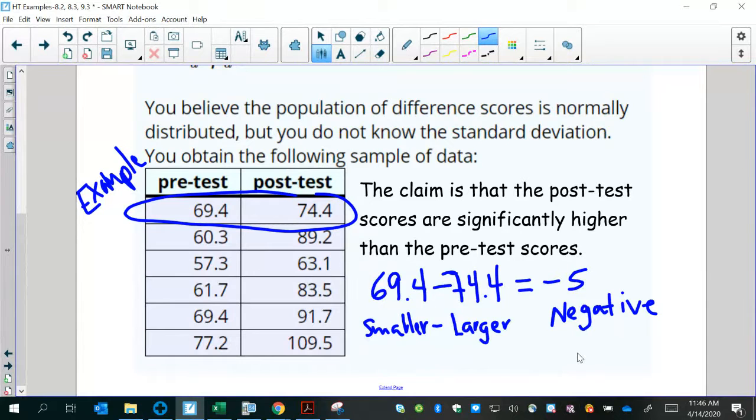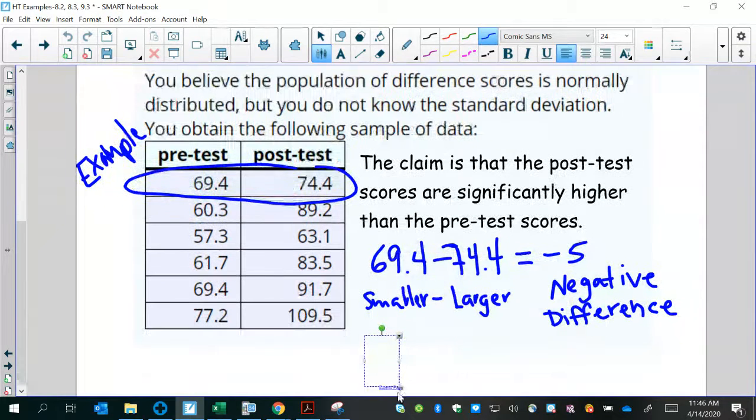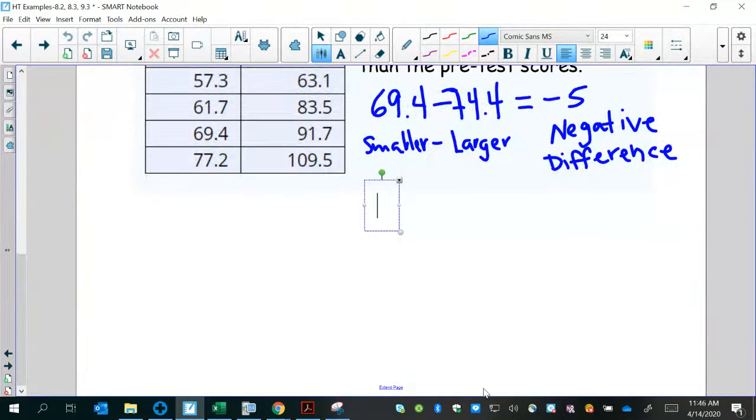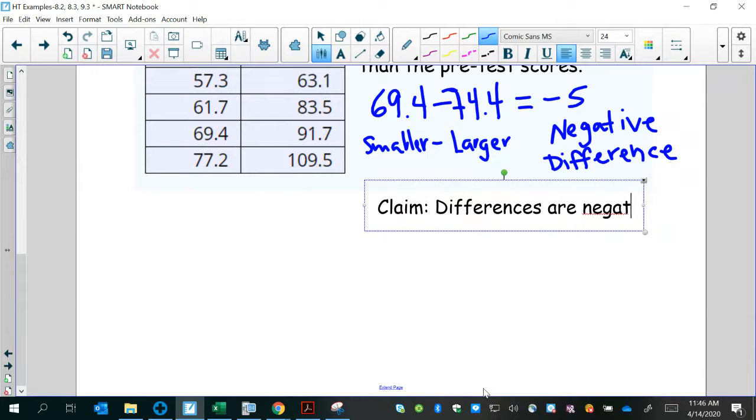And the negative difference in general is what we would expect if our post-test scores are better or higher than our pre-test scores. So the claim is, in symbols, that the differences, let me write it out, claim: differences are negative. Now, it's hard to test whether all the differences are negative.